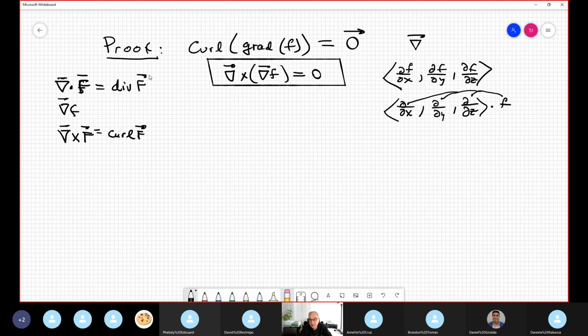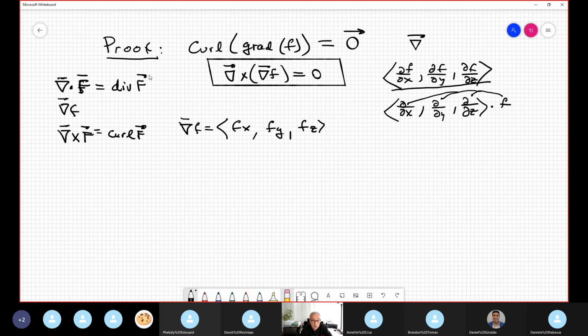Okay, let's practice a little bit. In order to do the order of operation, you start with the operation inside the parentheses. So if you compute the gradient of the function f, it's obvious that it is partial derivative with respect to x, comma, partial derivative with respect to y, comma, partial derivative with respect to z. It's exactly the same as this. And now I need to compute another operator which is a curl.